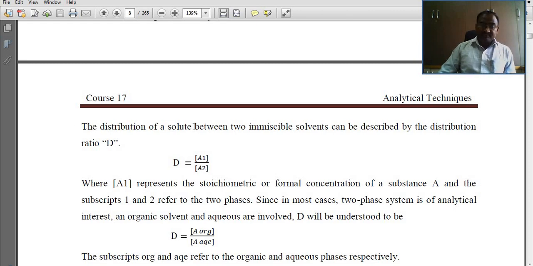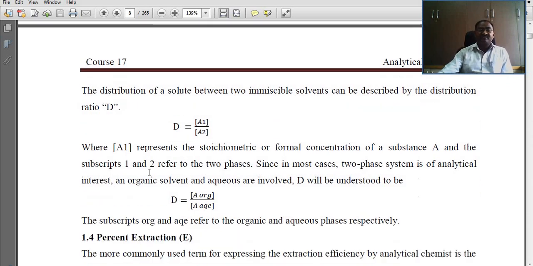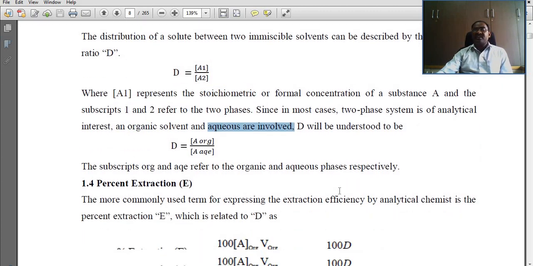Distribution ratio: the ratio of a solute between two immiscible solvents can be described by the distribution ratio. Here A1 represents the stoichiometric or formal concentration of a substance. Since in most cases two-phase systems of analytical interest, an organic solvent and aqueous, are involved.